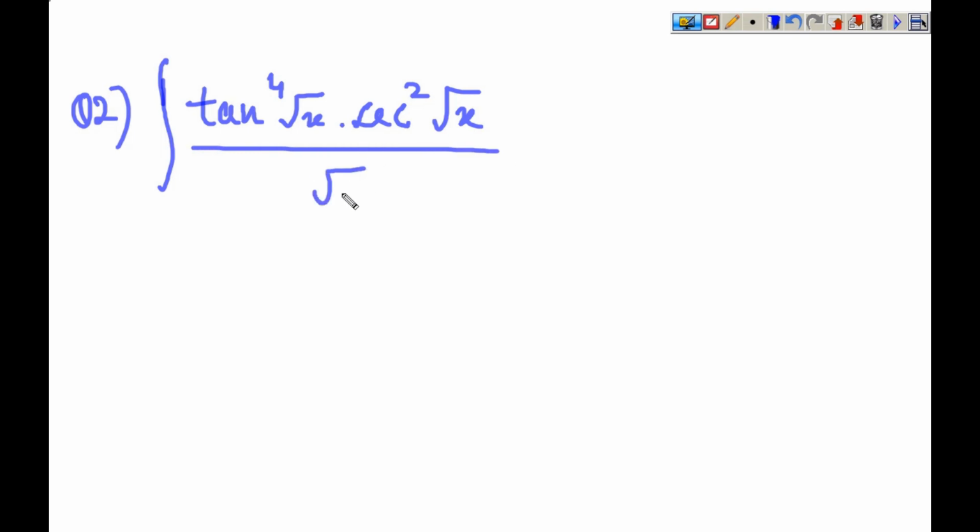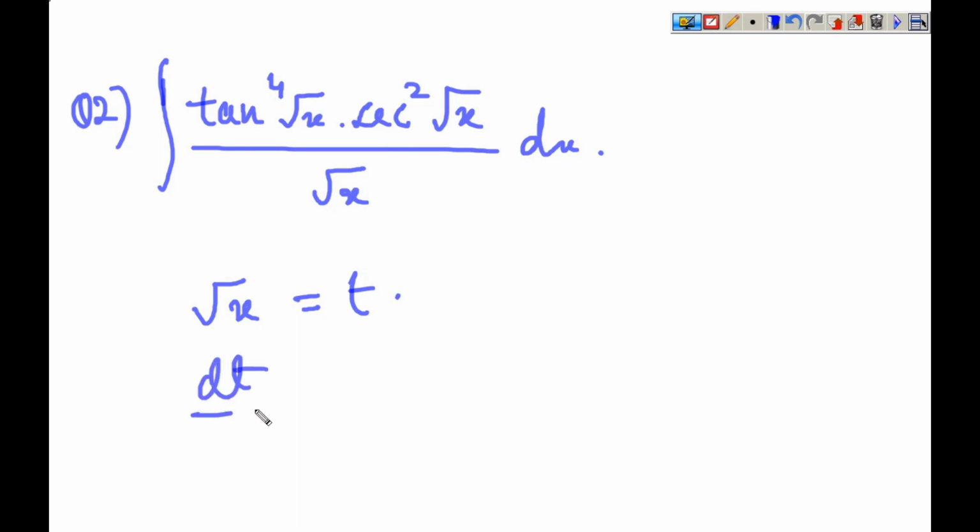Here we need to find the integral of tan to the power 4 under root x multiplied by secant square under root x by under root x dx. So I need to find the integral of all of this function with respect to x. Now simplifying it step by step, we can put under root x as t, right?